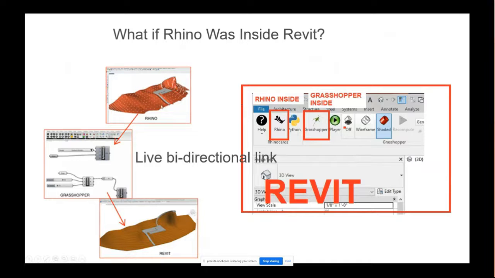So now you can take a Rhino model, pieces of it, or the whole thing, pass it through the conduit, which would be Grasshopper, and then you can create Revit models in a meaningful way.